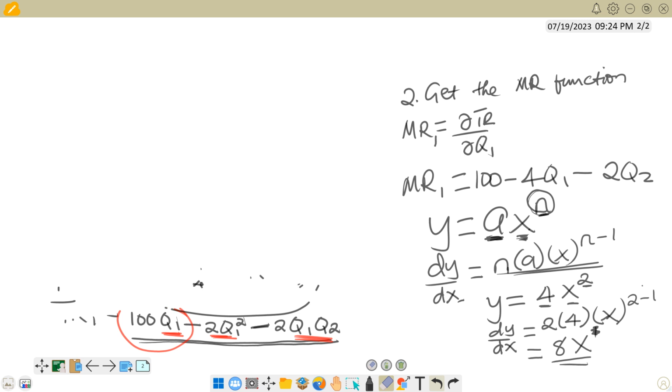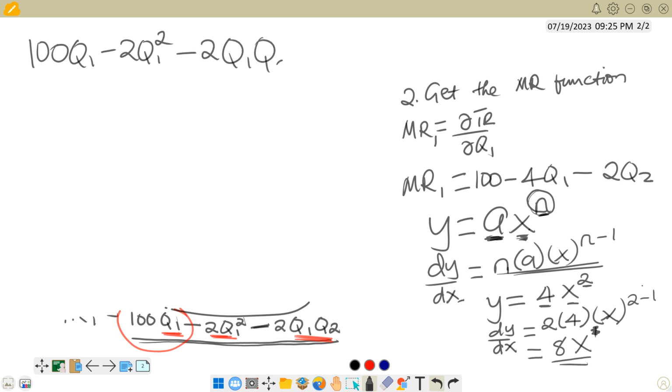Okay, let's try to work with this big guy here. So our function, the one we're trying to differentiate, is this one, in the top left corner. So I've got 100 q1 minus 2 q1 squared, and then minus 2 q1 q2. This is our total revenue actually.